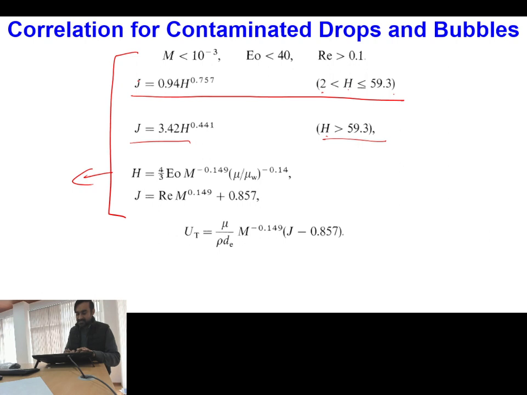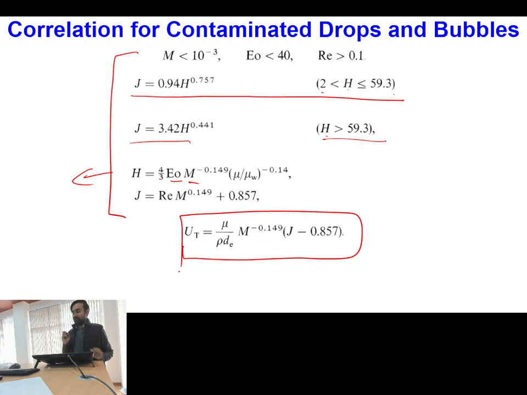And of course, J and H are nothing but dimensionless parameters in terms of the Bond number and Morton number. Ultimately we have to use these to calculate the terminal velocity. From these relations, the terminal velocity can be calculated using this particular relation. Once you know the values of J and H, you can calculate the corresponding terminal velocity. So these relations are applicable for a contaminated system.